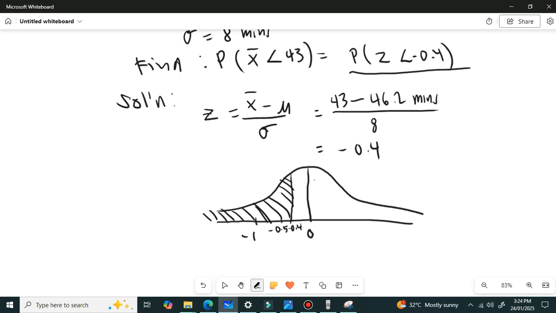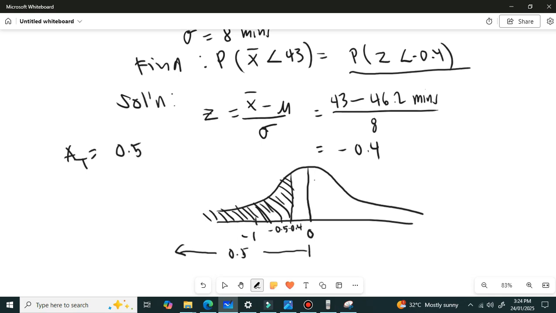This means that the total area, the half of this, is 0.5. And then we want just this area.